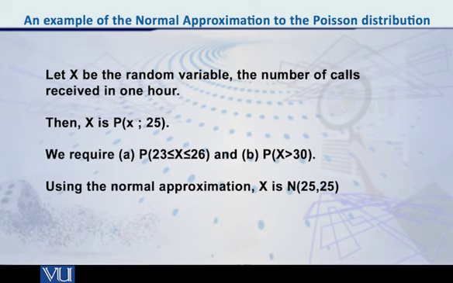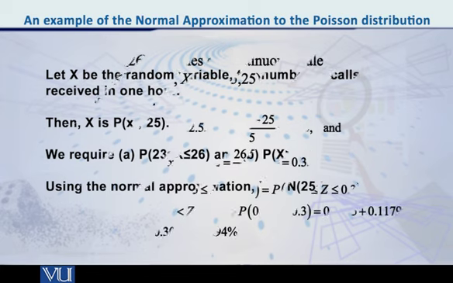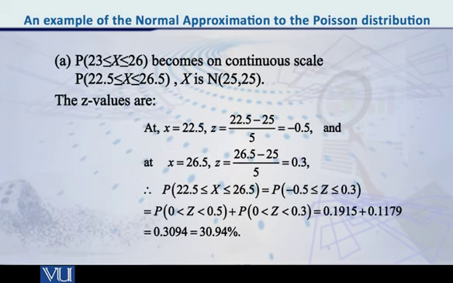But if we want to use the normal approximation, students, then by applying the continuity correction, 23 expand जो होगा, तो left side पे it will come up to 22.5 और 26 जब expand होगा horizontally, तो right side पे it will come up to the point 26.5.